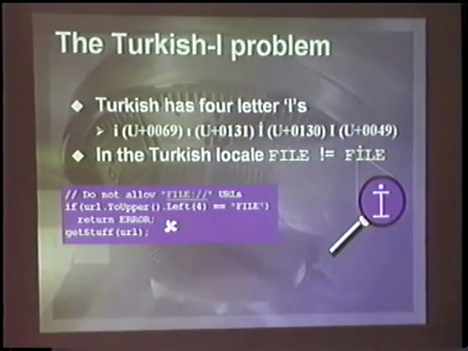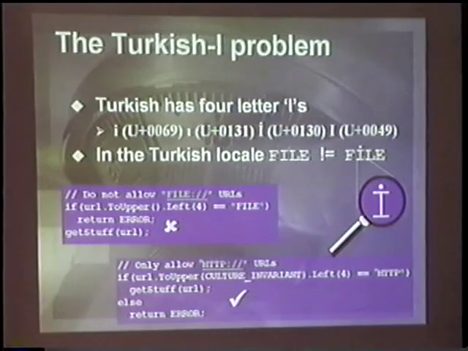Well, there's actually another little meta rule here, which is never go looking for bad things, because it assumes you know all the bad things. So when we spoke to these guys, I said, what do you really mean by don't allow file? They said, really what we mean is only allow HTTP. Well, why don't you do that instead?